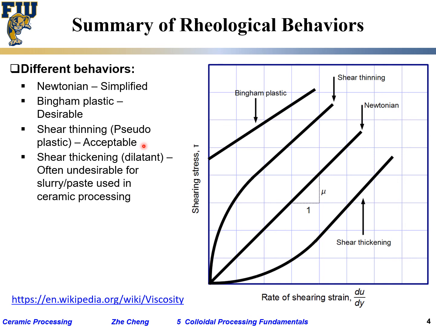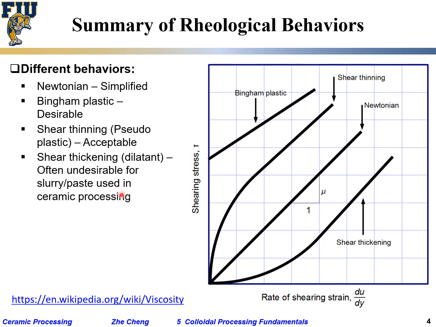The last one people call shear thickening. Again, this curve. Initially, the slope is low. As we increase in shearing stress or increase in shearing strain rate, my slope becomes higher. That's why people call it thickening, thicker, as if I have more and more solid within the thing, which makes it more and more difficult to flow.